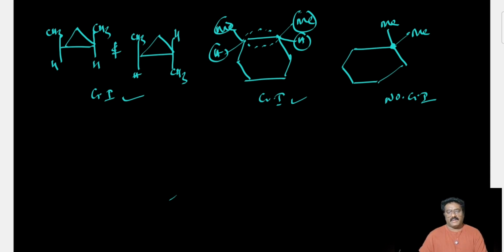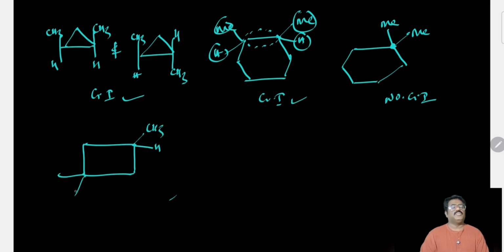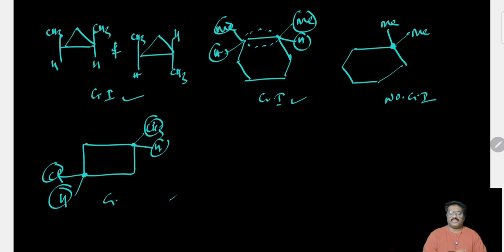Now look at one more example: it is CH3, H and Cl, H. The restricted rotation has two different types of groups, Cl-H and CH3-H. Can it show GI? Yes, it can show GI.